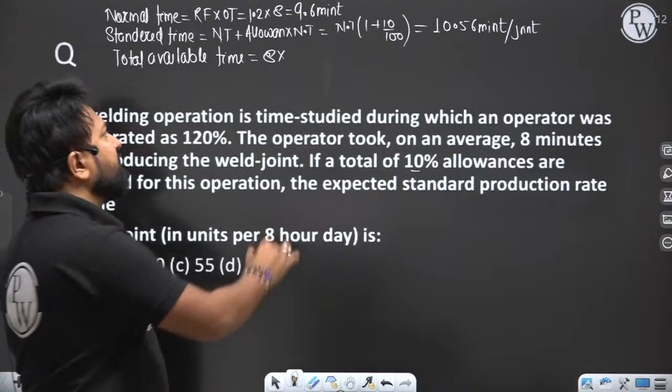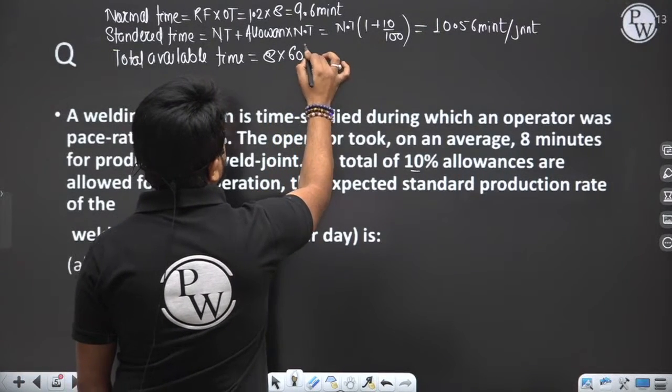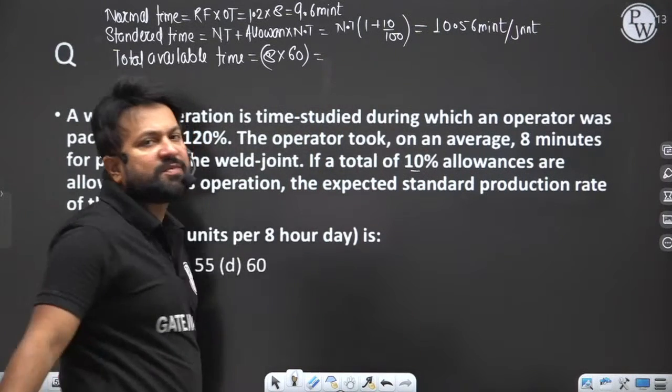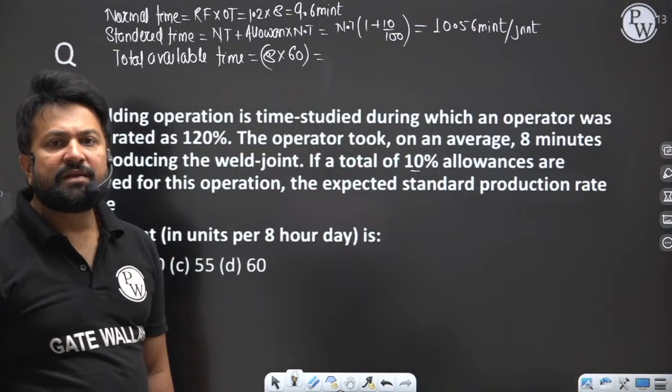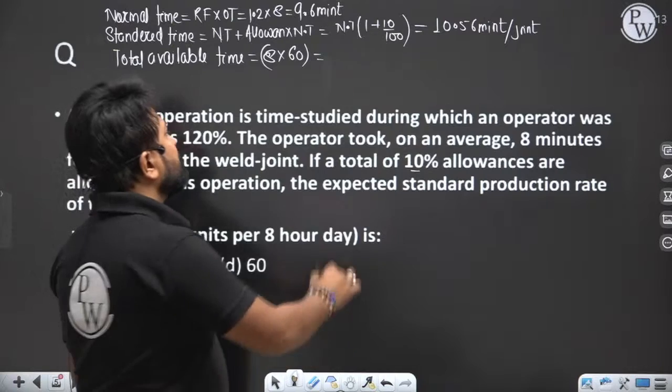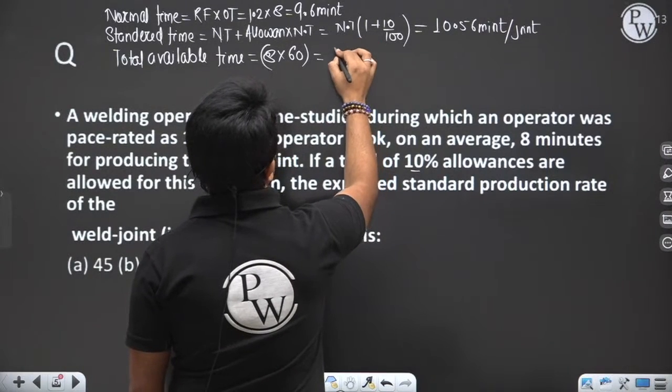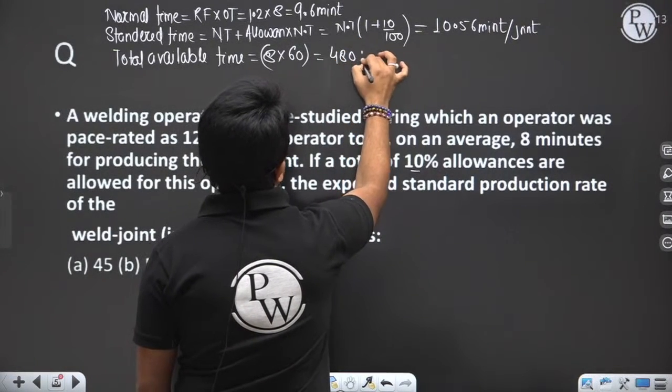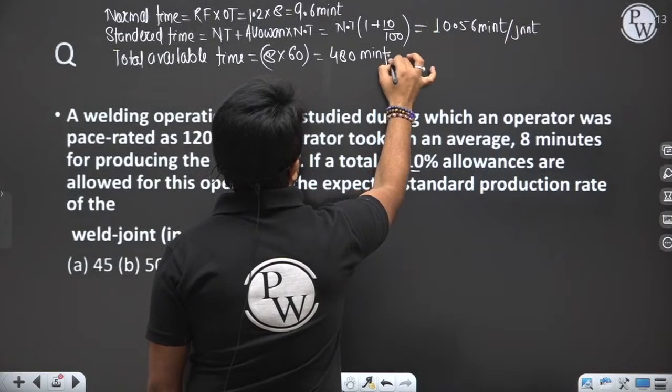You have to convert the hour into minutes, so 8 into 60, which is 480 minutes.